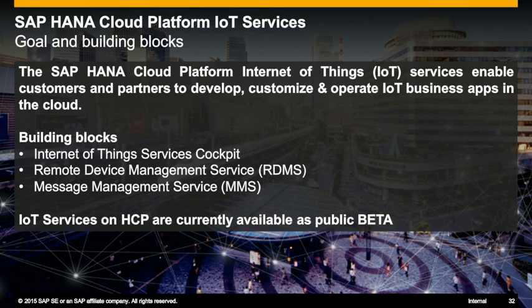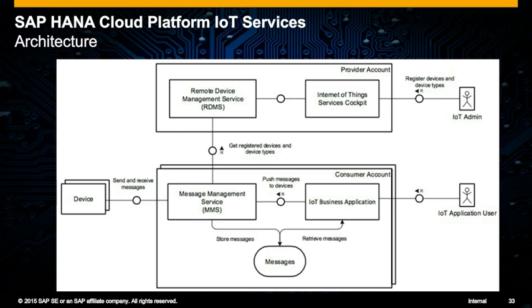So we have the Internet of Things Service Cockpit, we have an embedded remote device management service, and message management service. And important to know that these services are currently available as a public beta, but we are planning to go globally available soon.